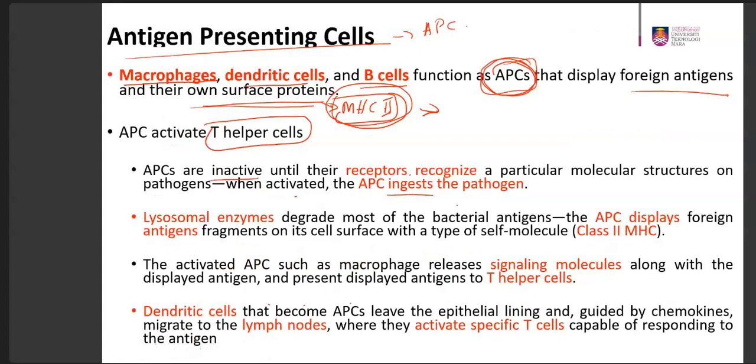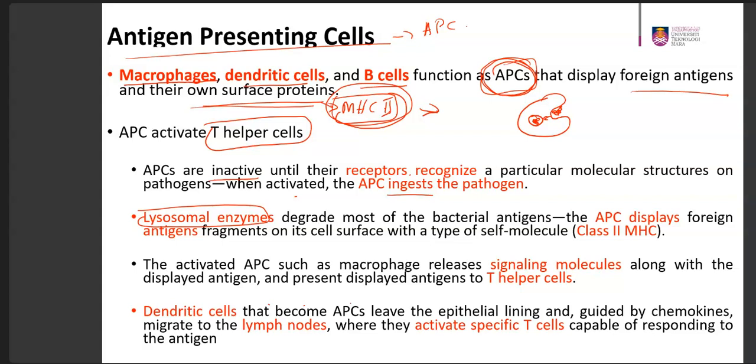So the APC internalizes and ingests the pathogen, and degrades it using lysosomal enzyme. Once it is brought in, this is the virus, it goes into a vesicle.